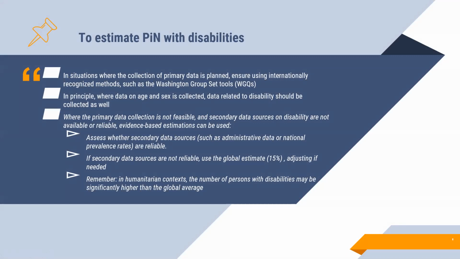And we usually advise to use the Washington Group set of tools. And in principle, any data that you collect should be disaggregated by age, gender, and disability. This is very important to ensure that you have a deep understanding of the group that you will serve.